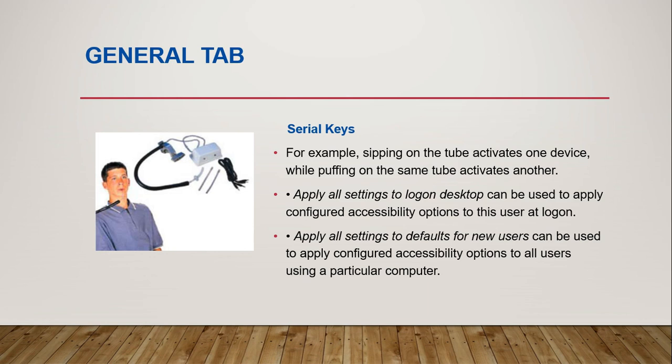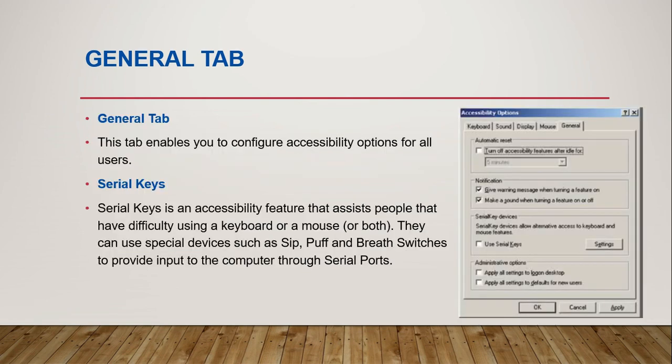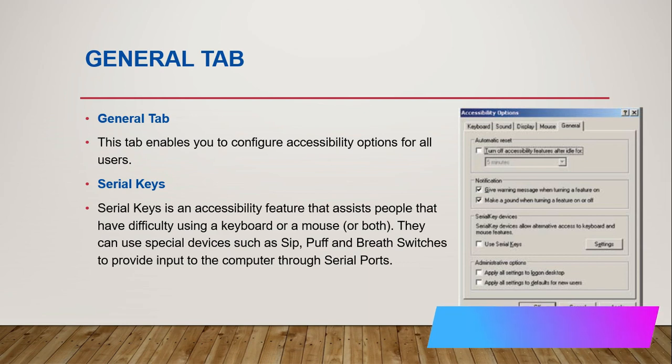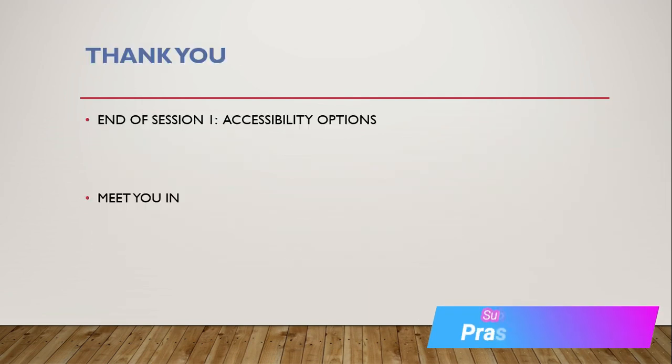So these are all the accessibility options or tabs we have: keyboard tab, sound tab, display tab, mouse tab, and finally this general tab. So this is the end of your first session, working with accessibility options.